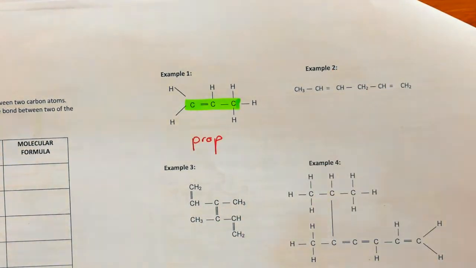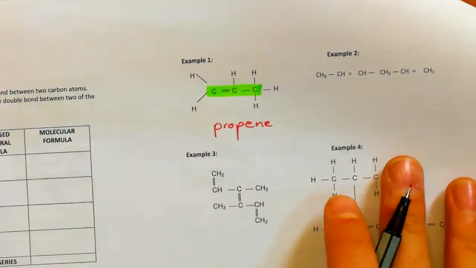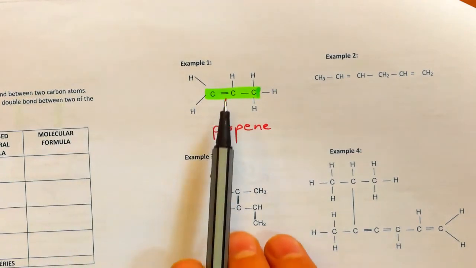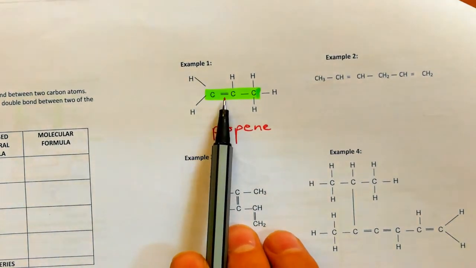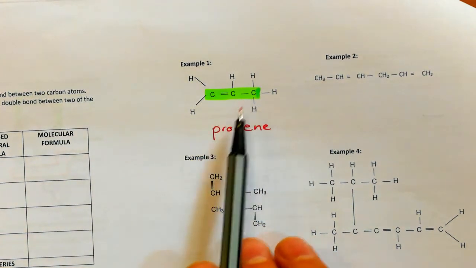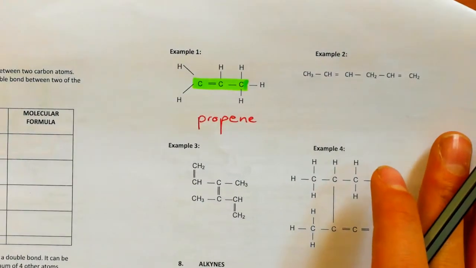E. So it's propene. Why do I not have to give the number of the double bond here? There's only one place that it can be. If you move the double bond to there, it'll still be in the same position. So we don't care about the numbering there, as we will in the second one.